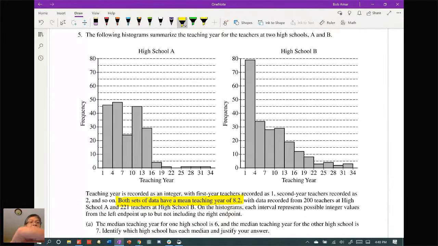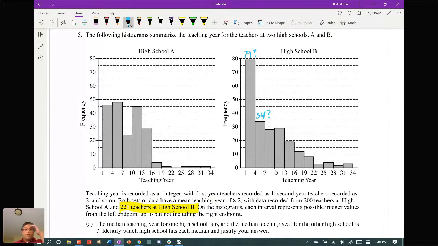And so I'm actually going to engage in a little bit of graph reading. I'm going to use that fact to help me out here, because I see the frequency in high school B. I'm just going to start reading some bars. Okay, so I see that this frequency might be 78, it might be 79. I'll just put 79 question mark, and this frequency looks like it's about 34.